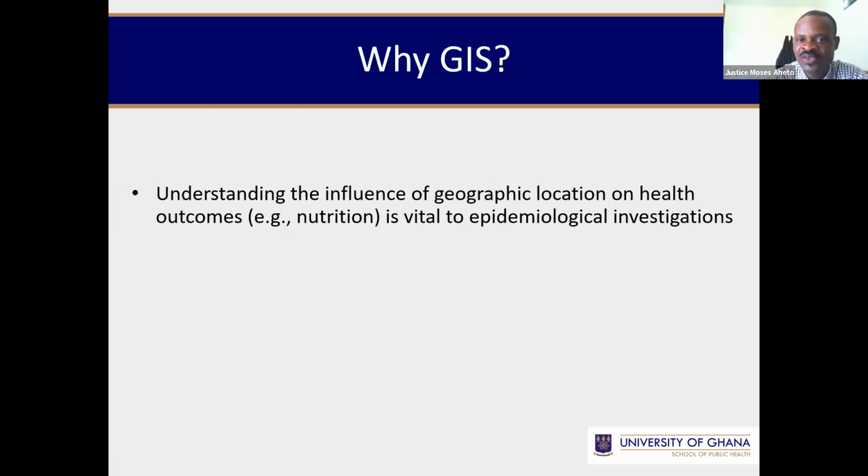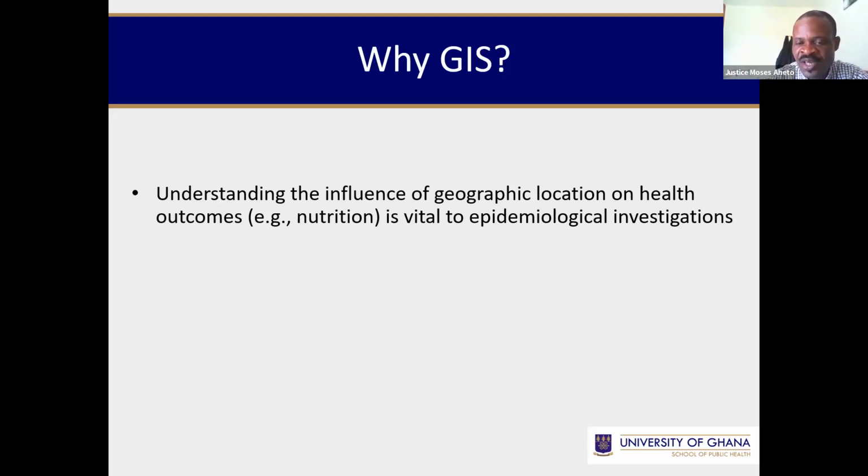So why do we need to bother about geographic information systems in the first place? It helps us to understand how geographic location influences health outcomes, for instance, nutrition, malaria, and other health outcomes. And this is very, very important to epidemiological investigations.